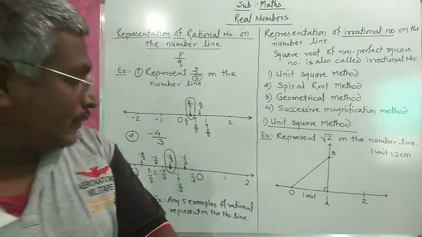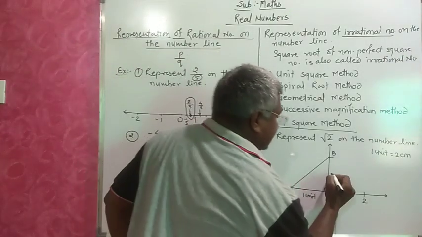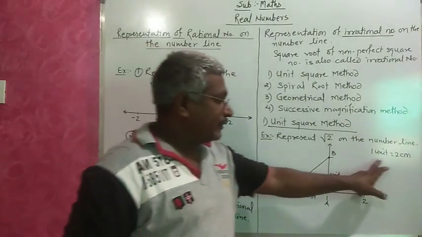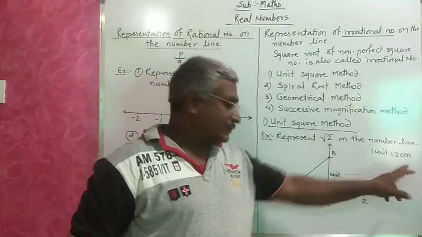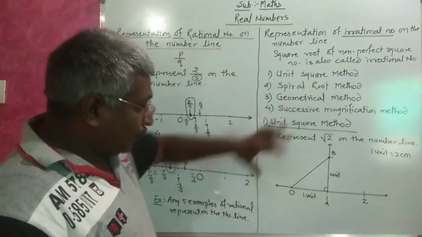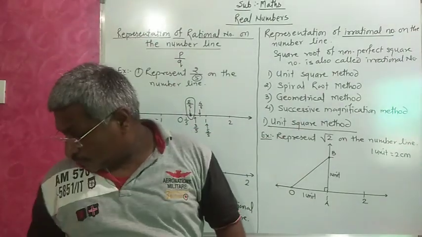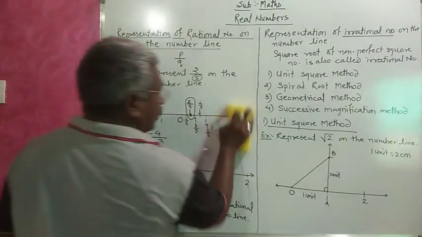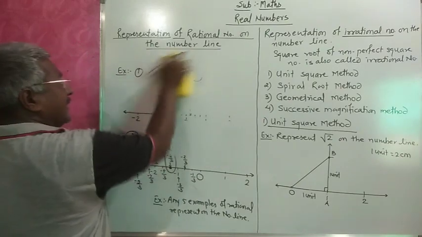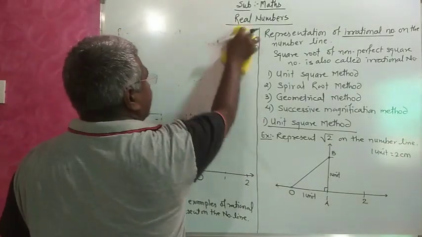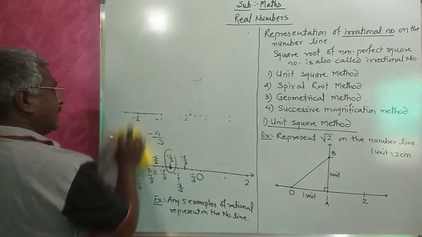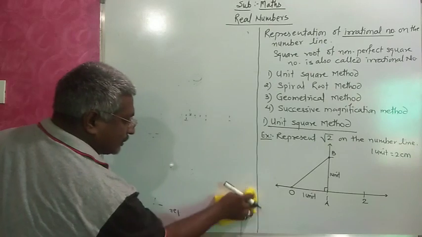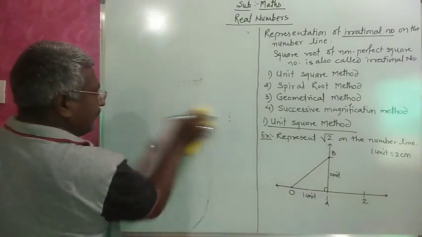Now this is 1 unit, and this one also 1 unit. What is our 1 unit? 2 centimeter. Now what is the value of OB? That we will do here. In a right angle triangle, which theorem is applicable? Pythagoras theorem. With the help of Pythagoras theorem, we can find the value of OB.